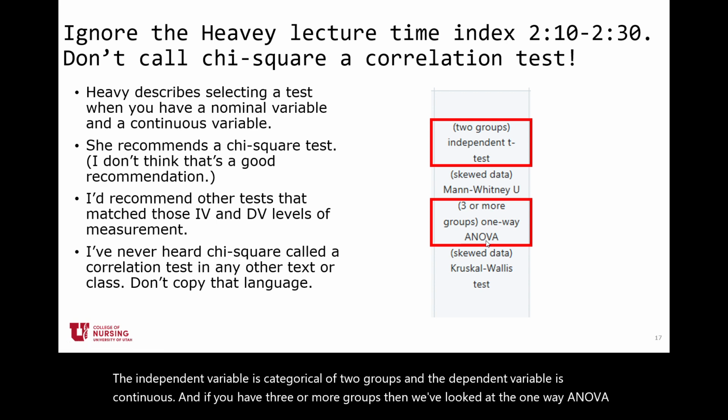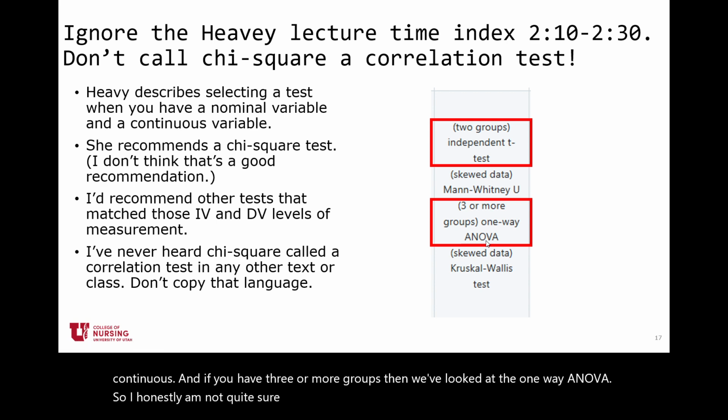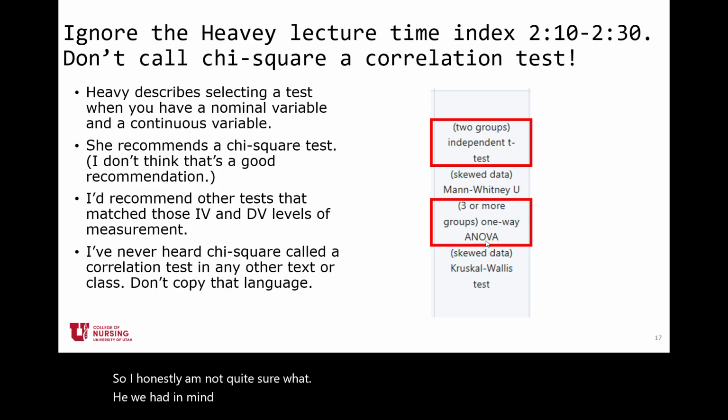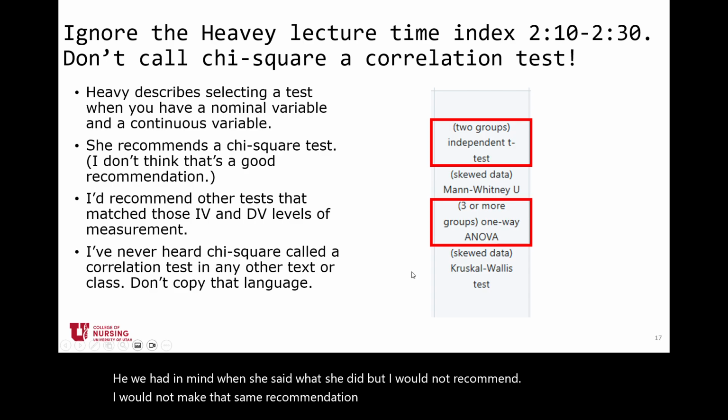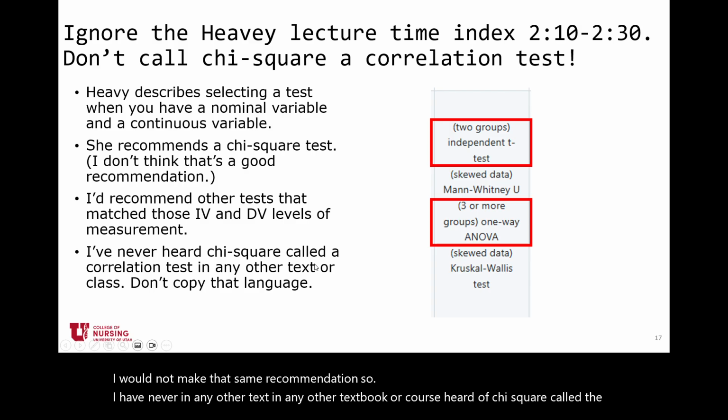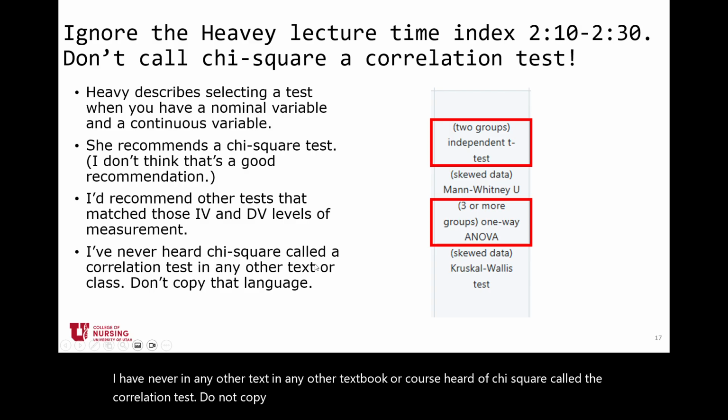So I honestly am not quite sure what Hebe had in mind when she said what she did, but I would not make that same recommendation. I have never in any other textbook or course heard a chi-square called a correlation test. Do not copy that language. So I don't think that was a great explanation for that.